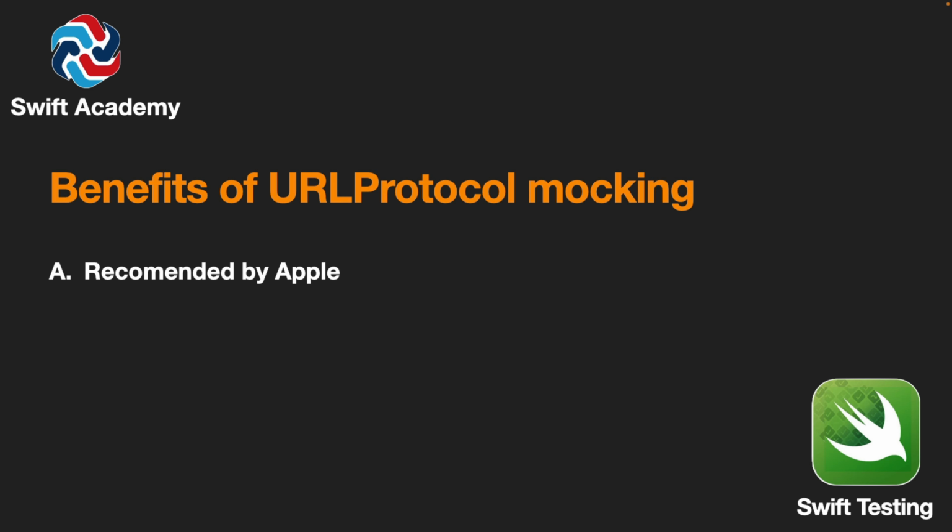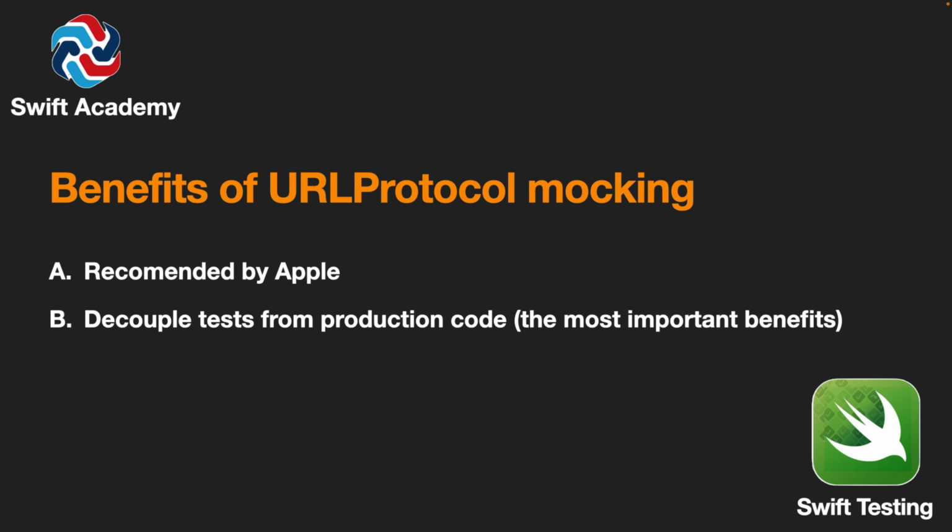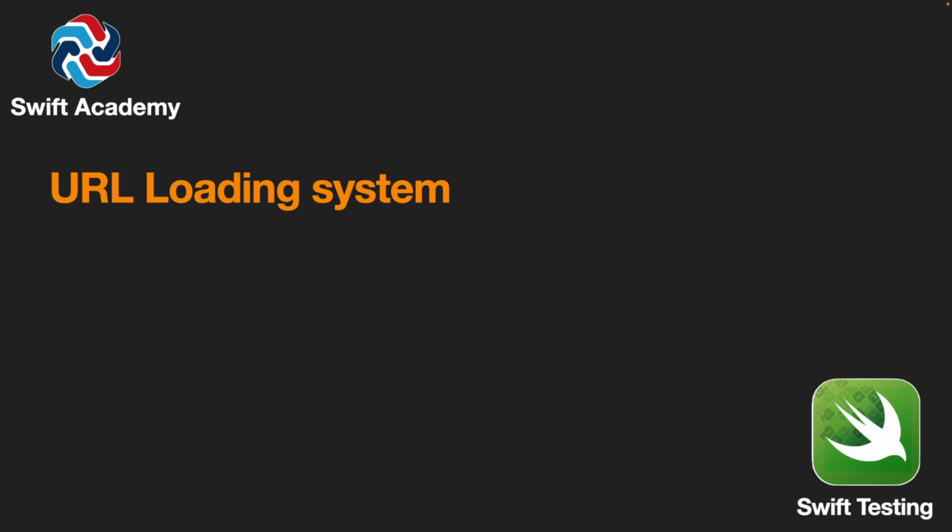Also, there are other techniques to do that, but for me, using URL protocol, especially when using URLSession, it decouples tests from production code, which is the most important thing, and we will discover that in the demo after the presentation. As I said, it hides a lot of testing code. It decouples our production code from the testing.